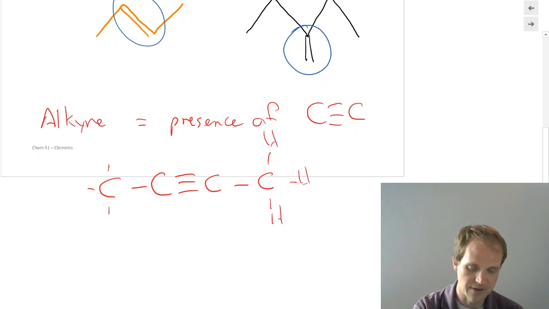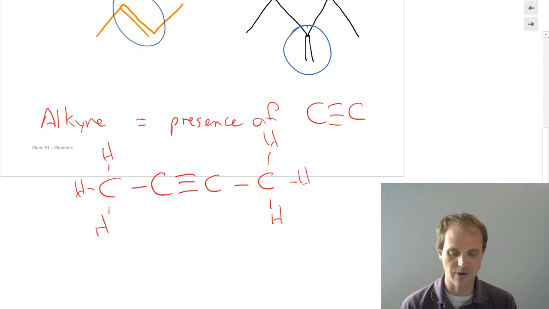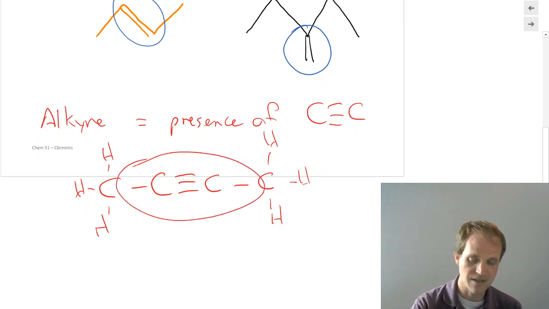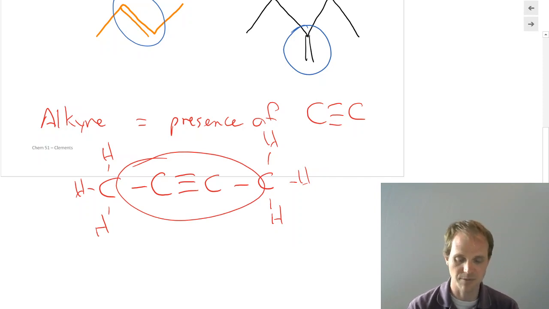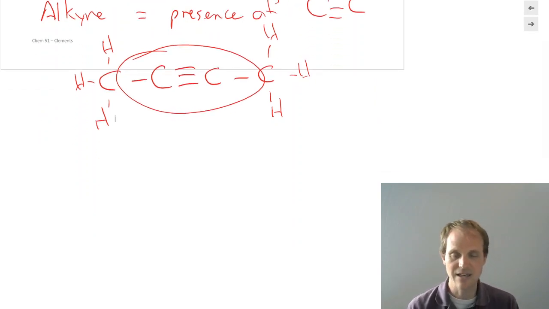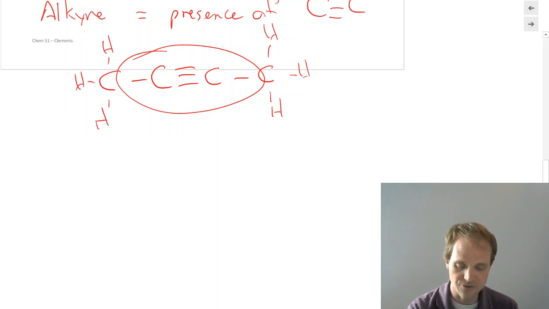So if I had a very simple alkyne and I drew the Lewis structure for it, it would look something like that. But it would actually also look like this around that carbon-carbon triple bond. So when you see skeletal structures showing this, you'll often see that they'll draw it straight.